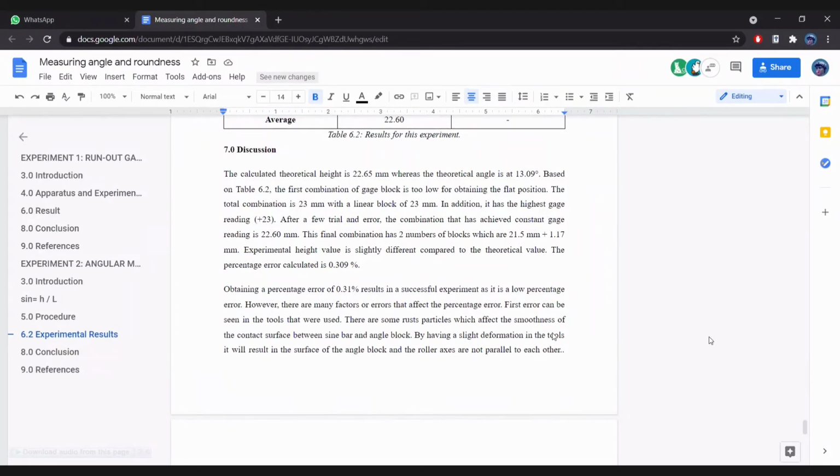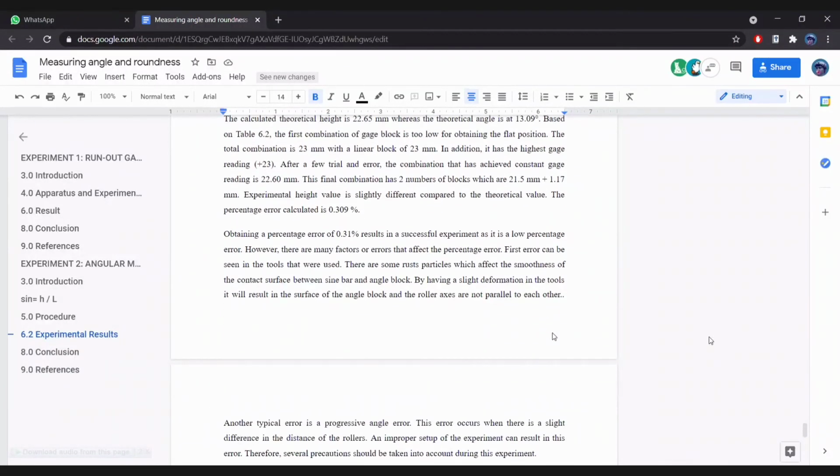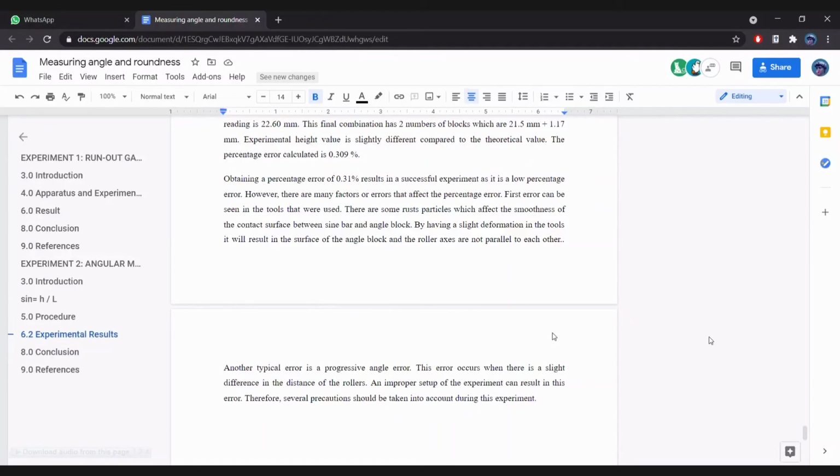The percentage error that has been calculated is 0.31%. From the percentage error, 0.31% is considered a successful experiment as it has a low percentage error.